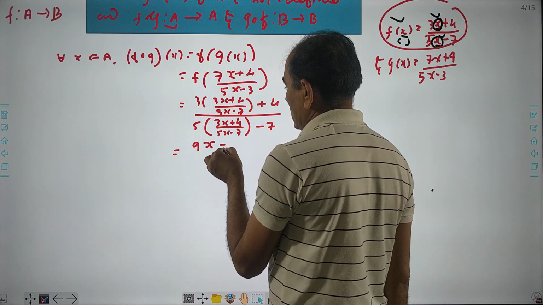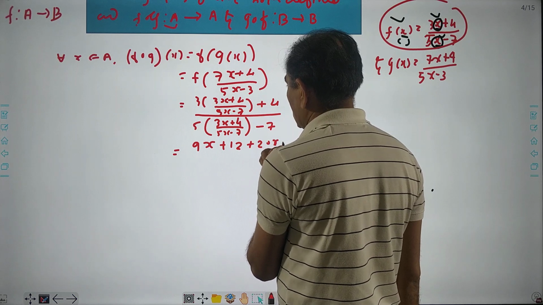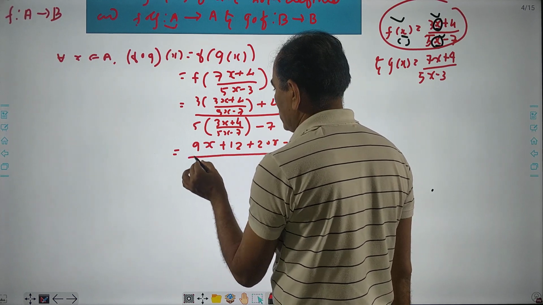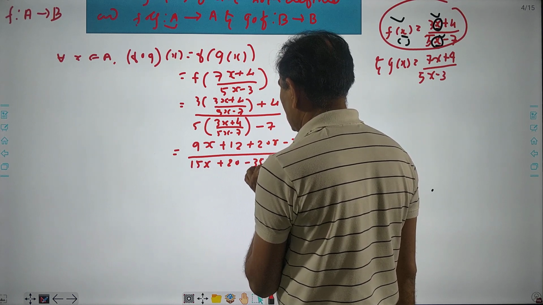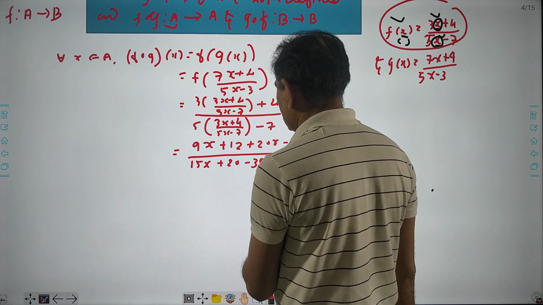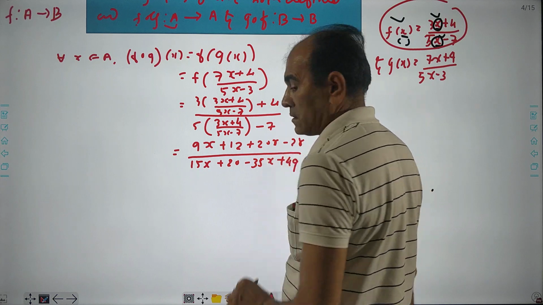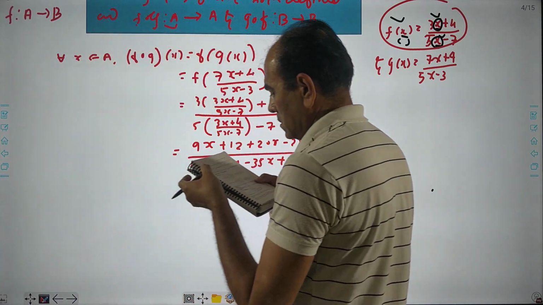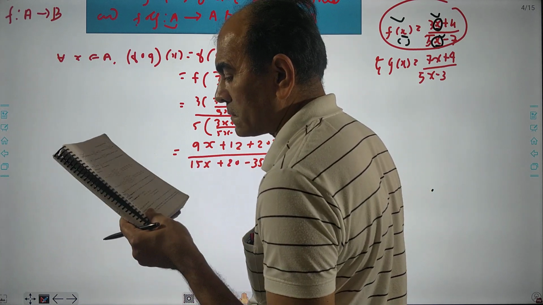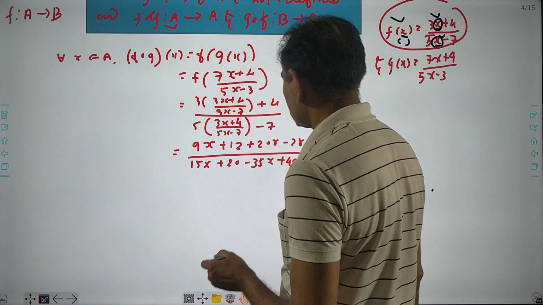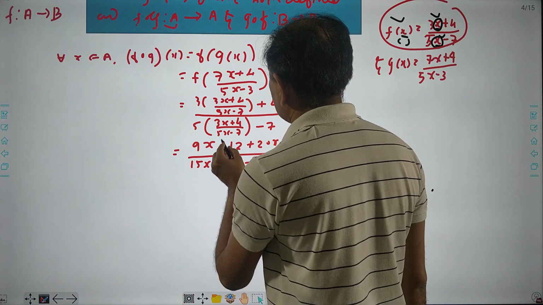3 times 7 is 21x plus 12 plus 5 times 4 is 20x minus 28 over 5 times 7 is 35x plus 20 minus 35x plus 21.